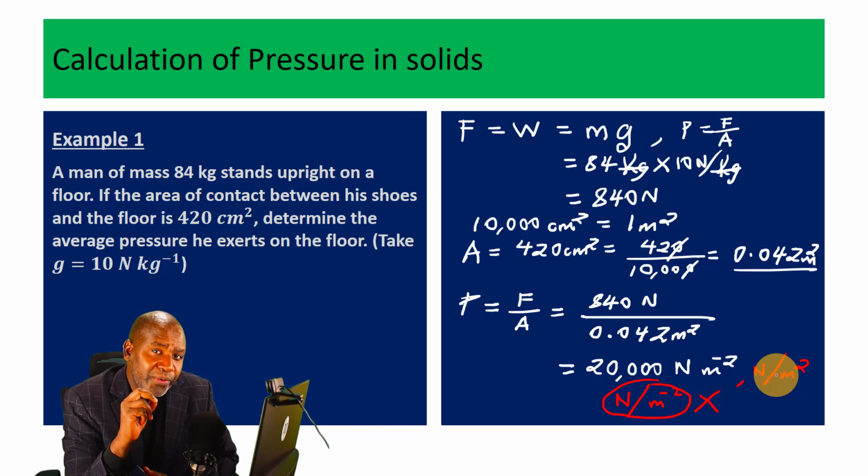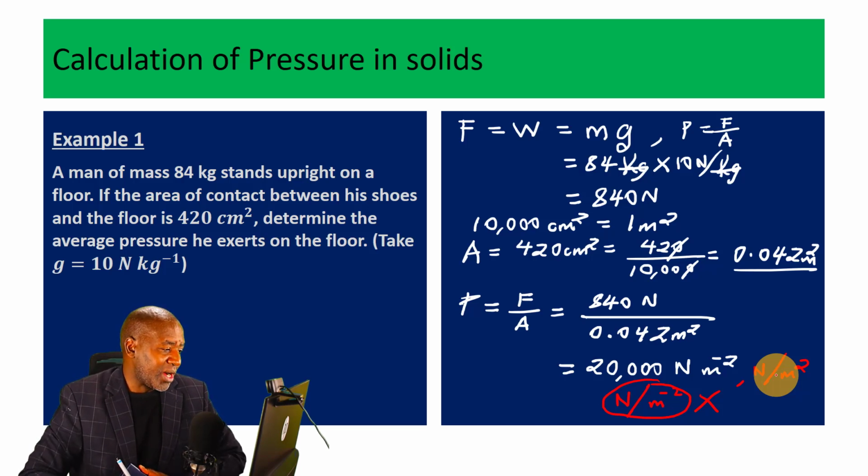We will use those other three units when we are talking about pressure in gases and also pressure in liquids, that is pressure in fluids. But in solids, in most cases we are using the SI unit, newtons per meter squared, or pascals. And that is how we would work out example 1.